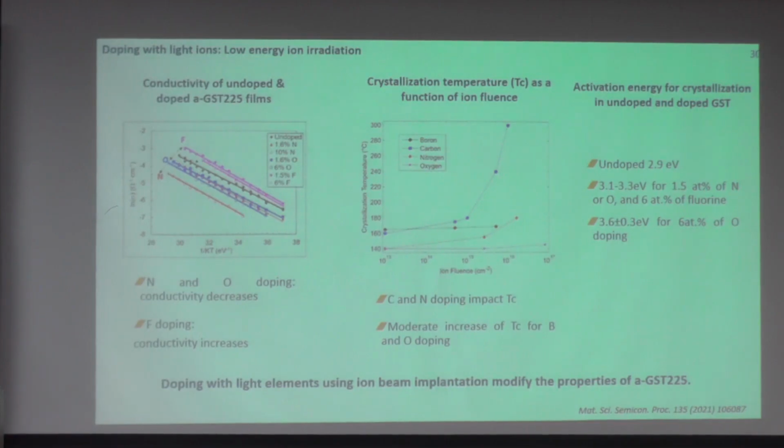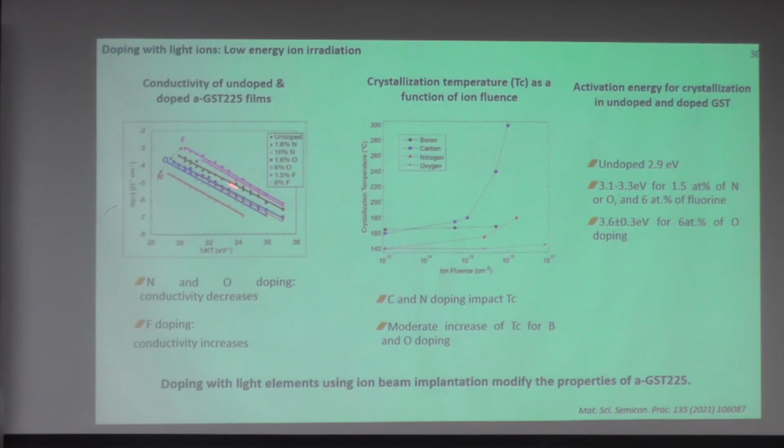Now let us look at some experimental results. If you do material doping because you want to modify properties like conductivity, you can introduce some elements into the material and then tune the properties. This graph shows that if we use nitrogen or oxygen, we can reduce the conductivity of GST material.